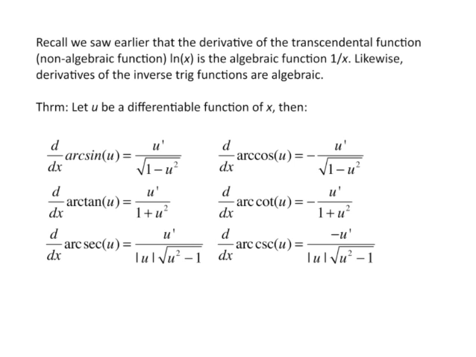So let me erase that and remind you again that u equals some function of x. Now, the derivative of arccosine of u is negative u prime over the square root of 1 minus u squared. Notice that this is really nothing more than the negative of arcsine.